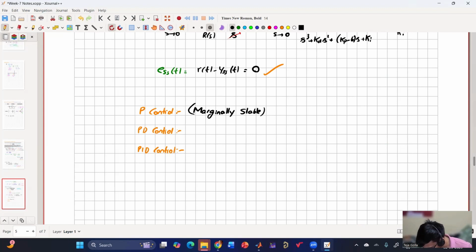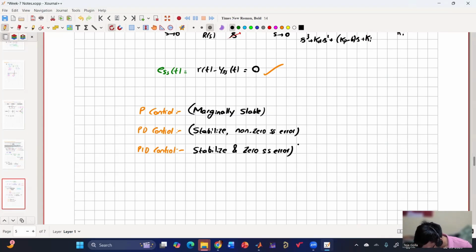In the second case, we can stabilize the system, but it will have non-zero steady state error. Whereas in the case of PID controller, we can stabilize, and then we can achieve zero steady state error.